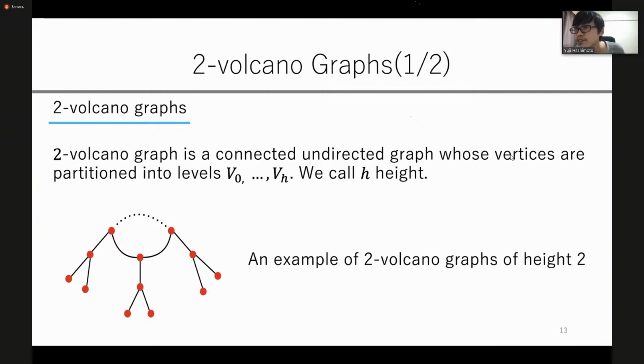This is an example of a 2-volcano graph of height 2. V0 is the top of the volcano here. V1 is here. And at the bottom of this volcano, V2.